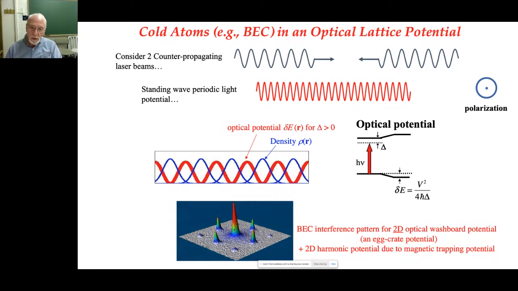So we know how to load atoms into an optical potential in such a fashion so that only one atom sits in a lattice site. This is very important for making a sensor. We can, of course, have a configuration where many atoms sit in each lattice site, but then collisions have the possibility of changing the spin states, and this will degrade sensor capability.